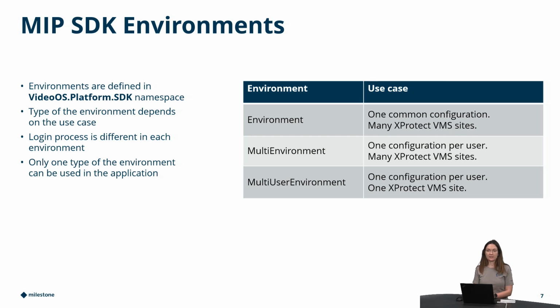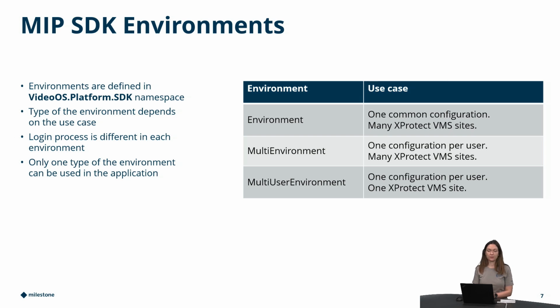There are 2 deciding factors. The first one is whether you want one common configuration or a configuration per user. Another factor is how many sites you want to connect to.